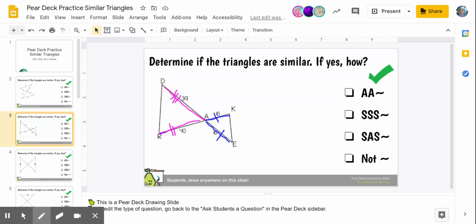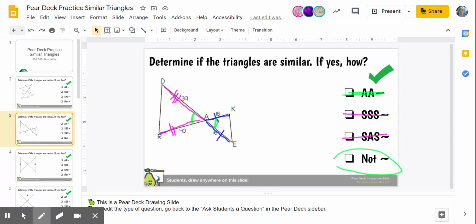I do not. So automatically I can tell my sides are not going to be proportional. So it can't be side, side, side, and it can't be side, angle, side. The only angle that I can mark is going to be the vertical angle. So I definitely do have vertical angles. Do I have any other angles? Nope.